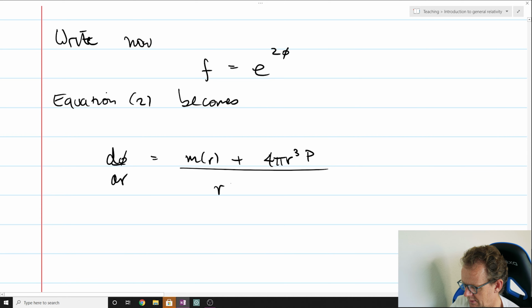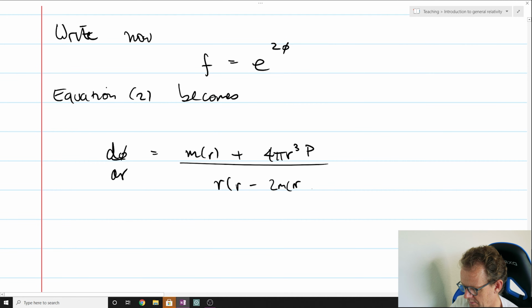And this equation relates r, p, rho, and m to phi.